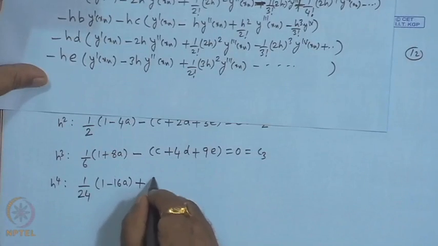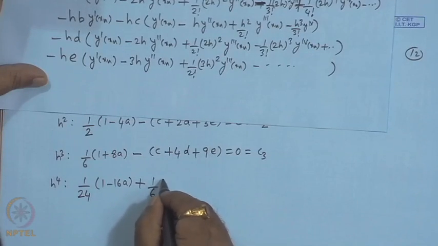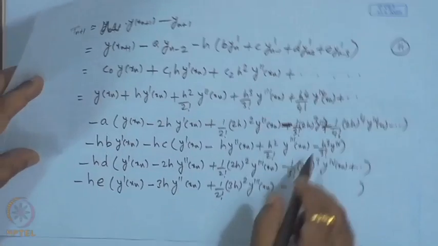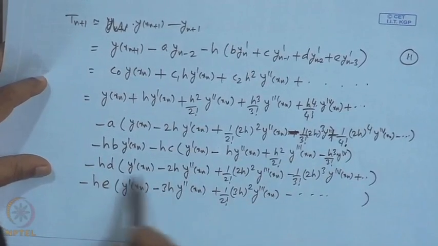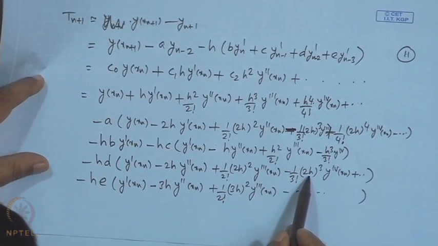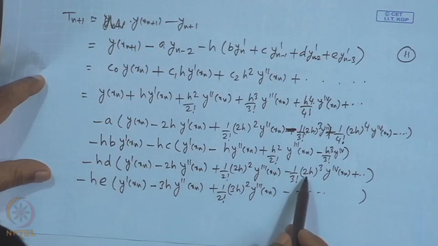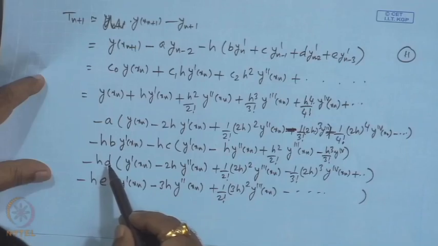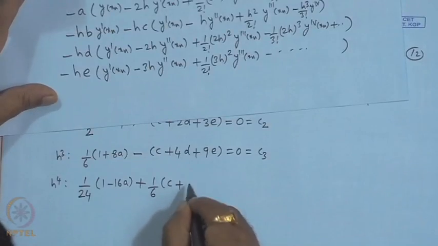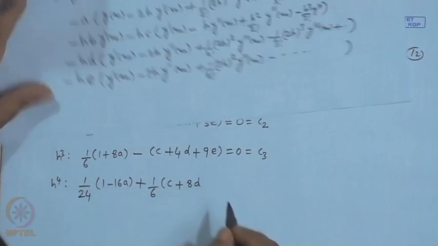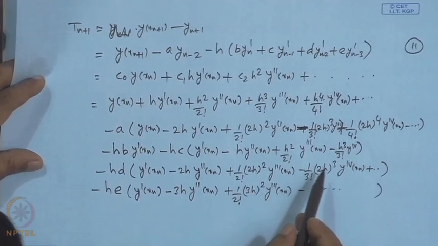Okay. So, this is plus 1 over 6 C. Then here this is 1 over 6 common, minus minus plus 8 D, 8 D. Okay.